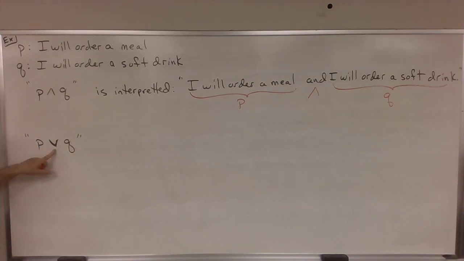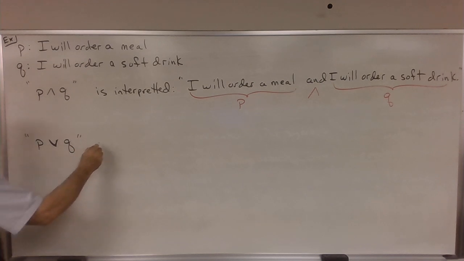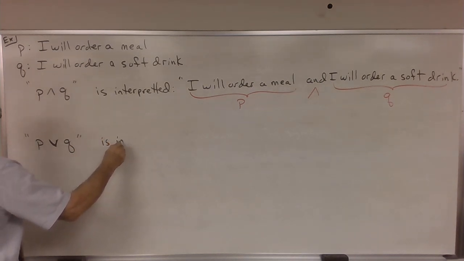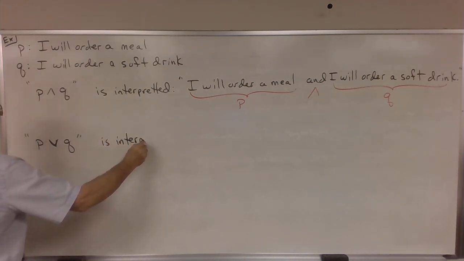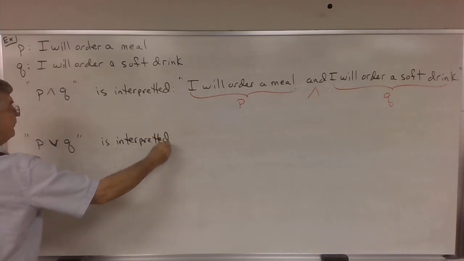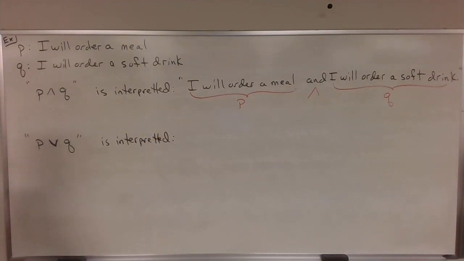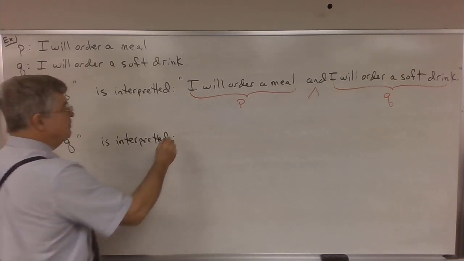P, let's see, this thing that looks like a V, this is or, isn't it? P or Q is interpreted P, I will order a meal.